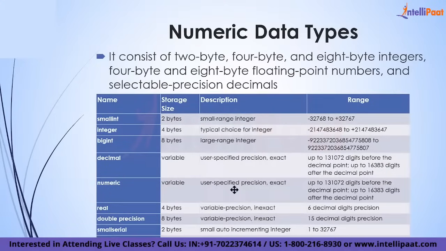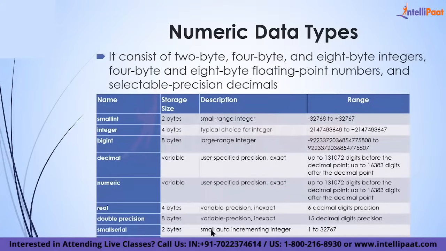And you can see here again the storage size is different, and there is a range actually. If you go with smallserial, the maximum value is 32761, and serial is this, and bigserial is this. Whenever you are choosing these data types, always try to go with the lower size based on requirement.